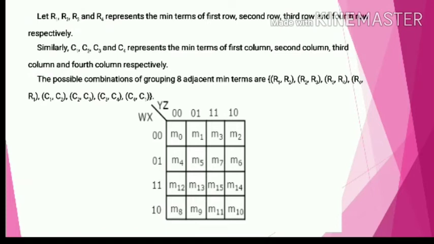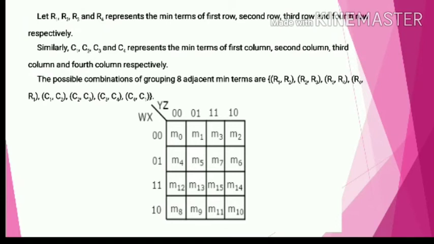Then the second minterm M1 is 0, 0, 0, 1, represented as W' X' Y' Z. M3 is 0, 0, 1, 1, so W' X' Y Z. And M2 is 0, 0, 1, 0, so W' X' Y Z'. In this way, all other minterms are formed.